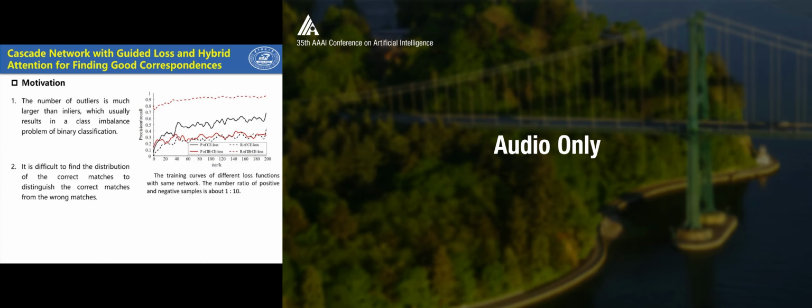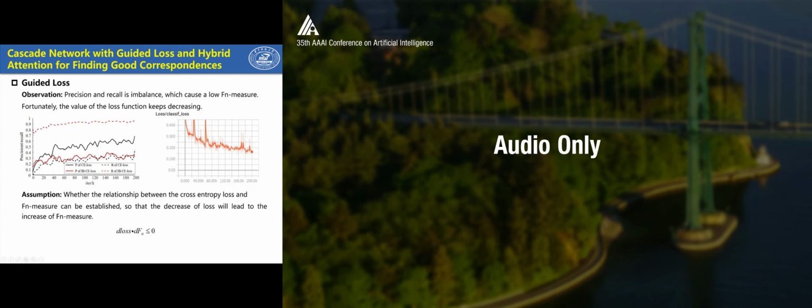However, learning appropriate weight for each correspondence in advance is a chicken and egg problem. In the shallow layers of the network, it is hard to learn appropriate weight because the features in these layers are less recognizable. Next, we will introduce the way we propose to solve these two problems.